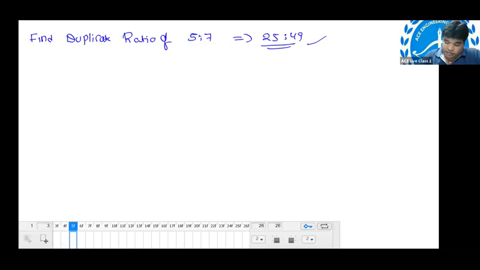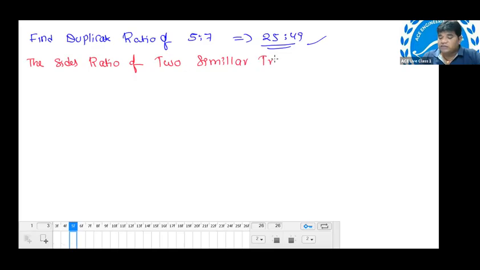Try to solve. Okay, tell me. The sides ratio of two similar triangles is 7 is to 9.